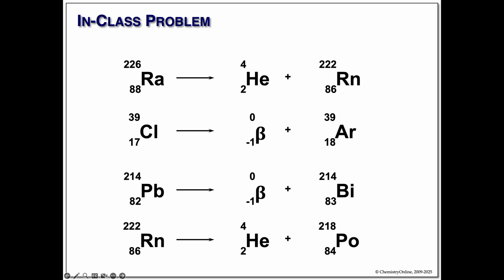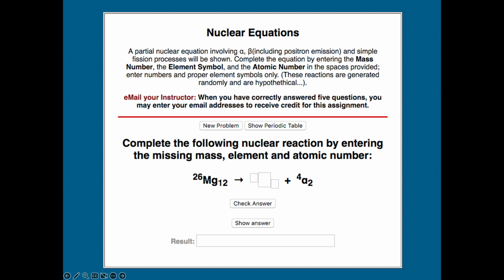Well, the very last tutorial for the course is this nuclear equation. Fairly simple. This is written in an unconventional way. Not sure why I did that. I think somehow the grid would not fit. But anyway, here we have magnesium-26. It's going to lose an alpha particle. Sometimes the alpha particle is shown just with the Greek letter alpha. Usually it's He, the helium nucleus.